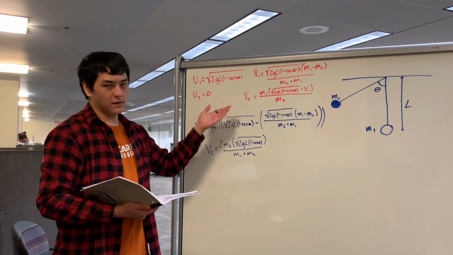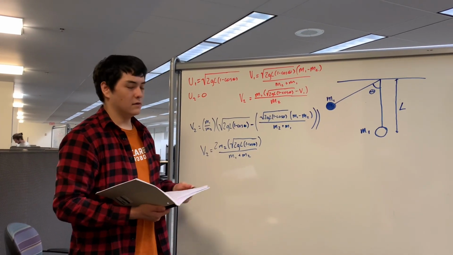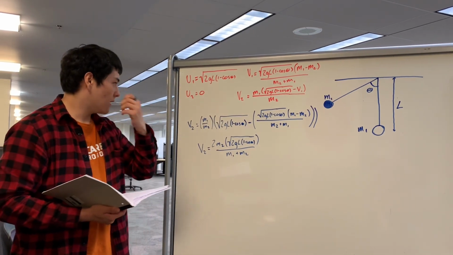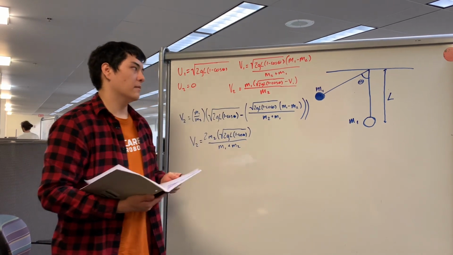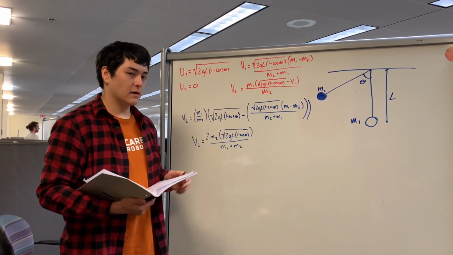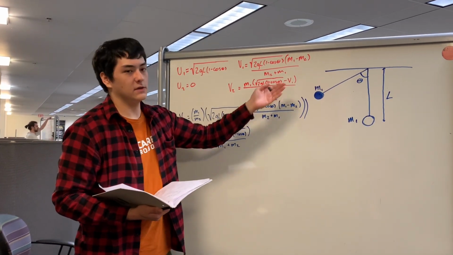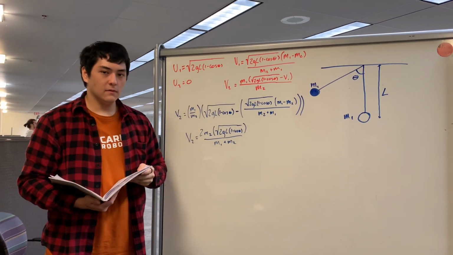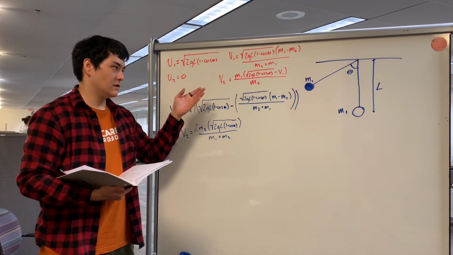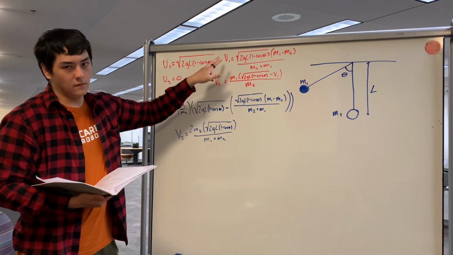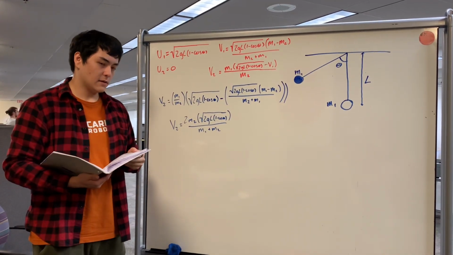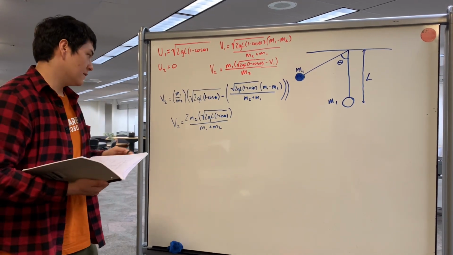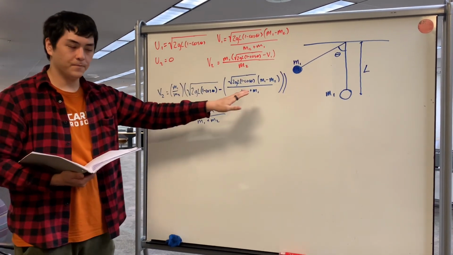So up here we have written everything we have known and solved for so far. V1 right here. And we also have V2 solved in terms of the constants we're given, but also in terms of V1. So what we want to do is go back to the equation for V2 and substitute the known V1 into the V1 in the equation. And so what that looks like when we substitute those known values is this equation here.